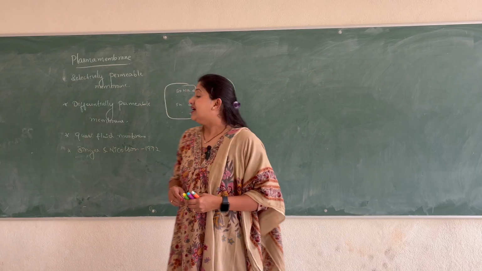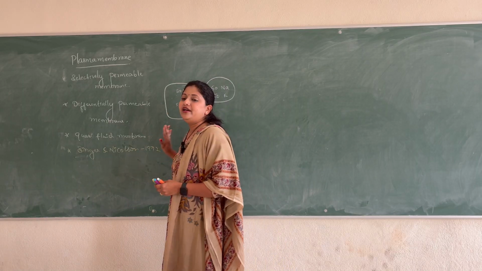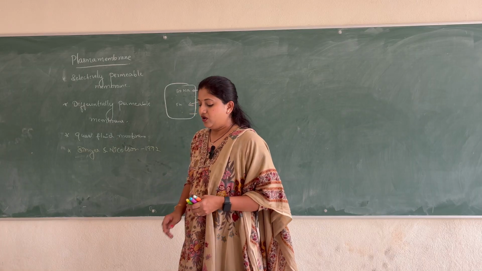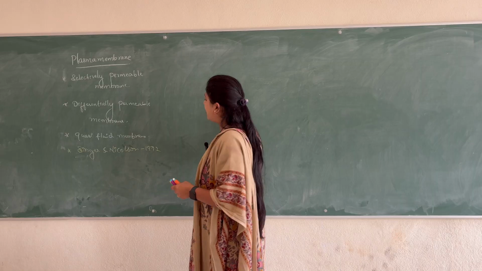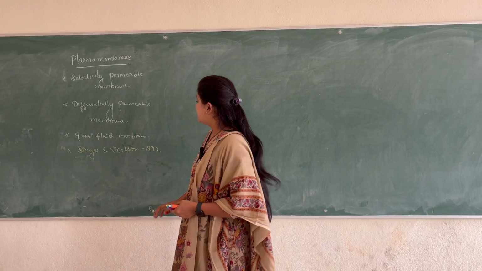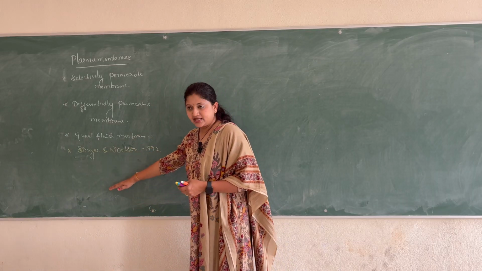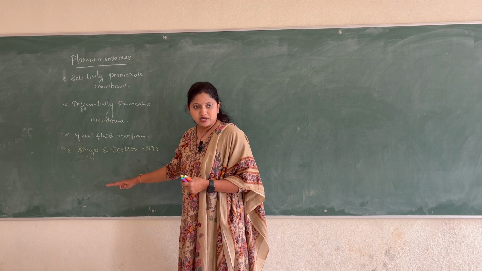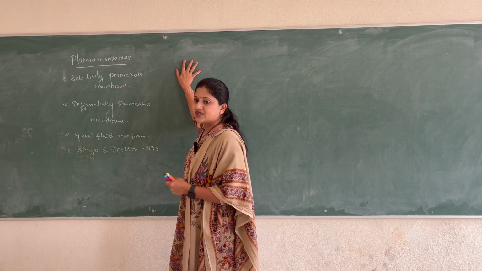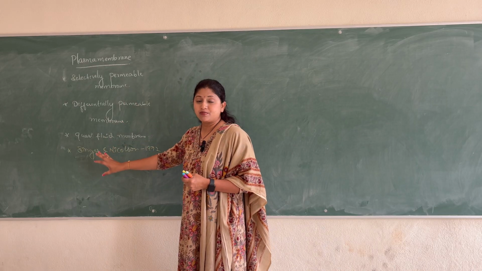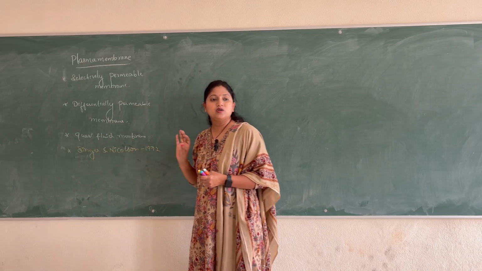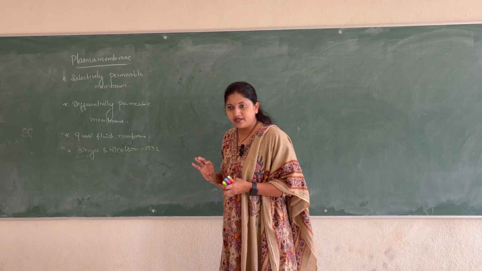Now, components of the plasma membrane. What is the plasma membrane made up of? We are going according to the Singer and Nicholson model only. The structure which we are studying here for the plasma membrane is a model proposed by Singer and Nicholson in the year 1972.